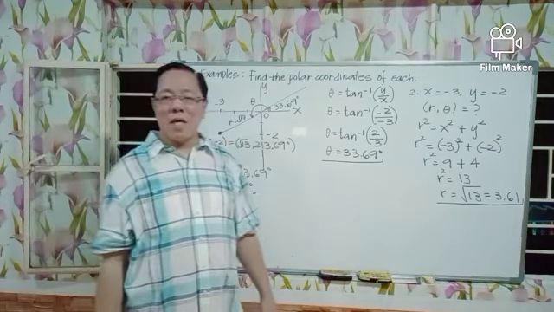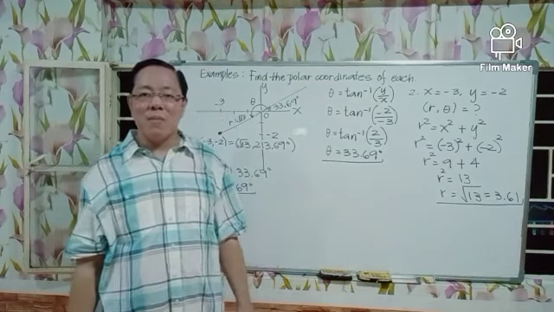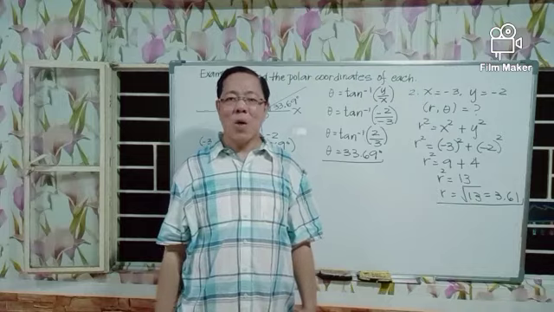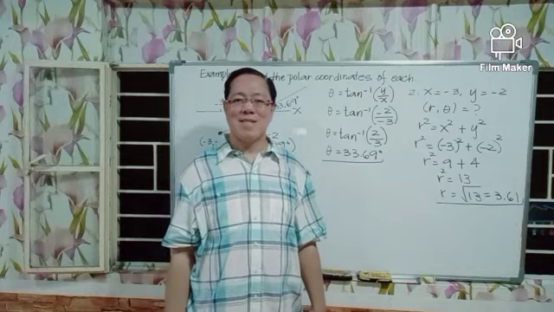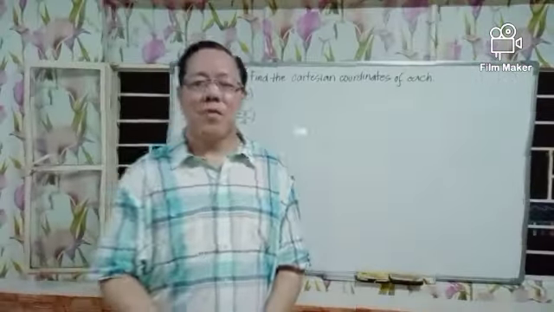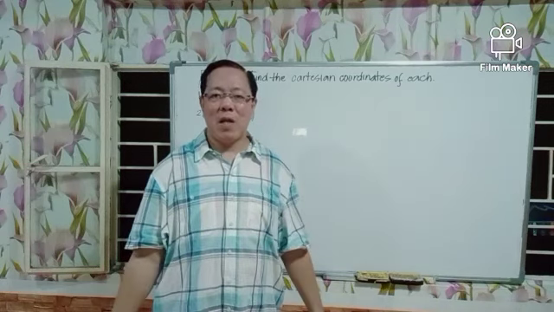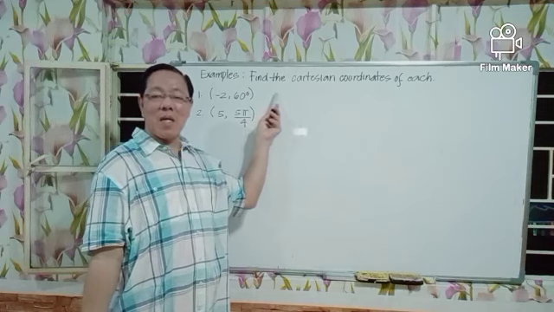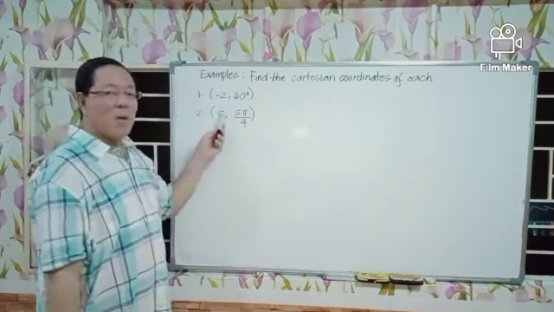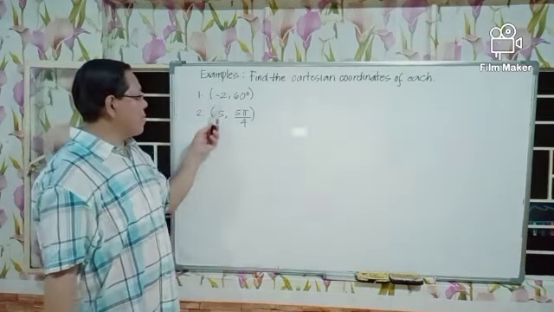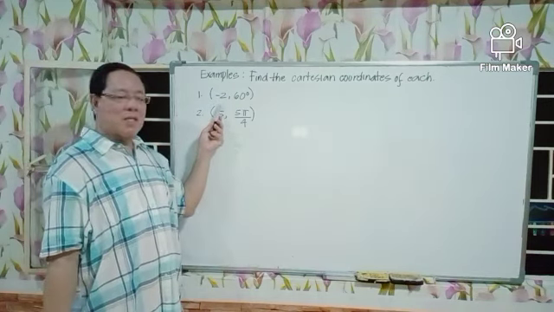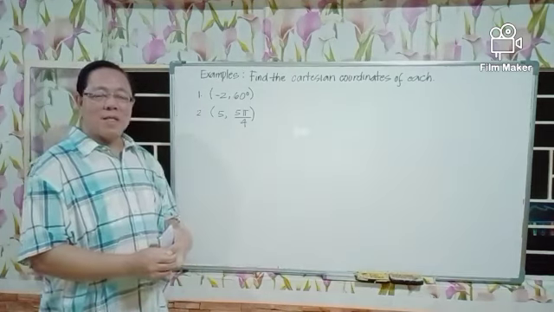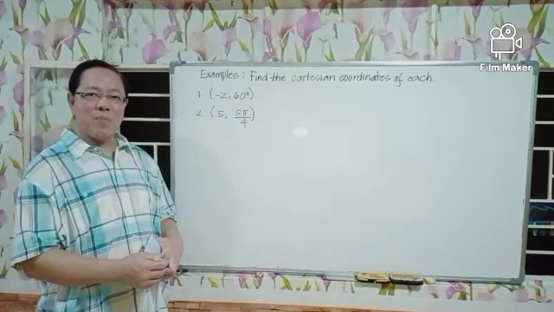We now take examples of finding the Cartesian coordinates of a point with the given polar coordinates. For our next examples, consider the following problems. Find the Cartesian coordinates of each point with the given polar coordinates. In number 1, the given point has polar coordinates -2, 60 degrees.